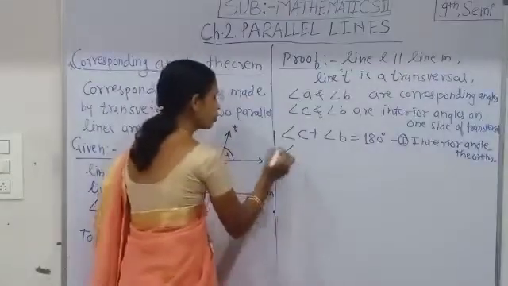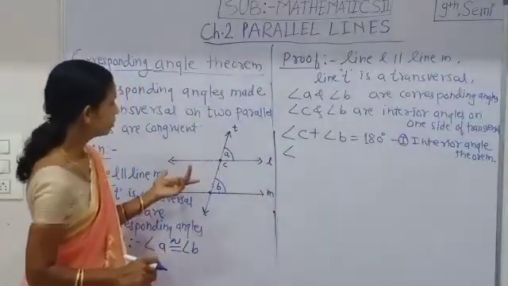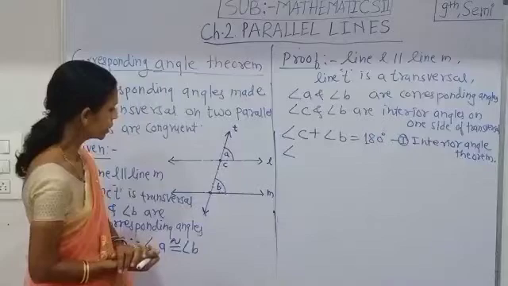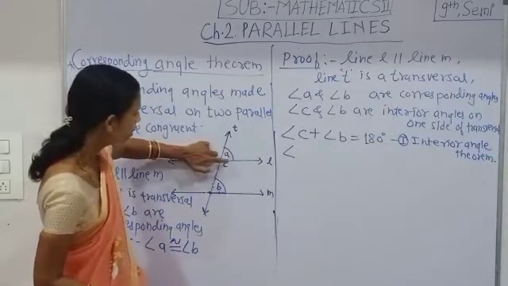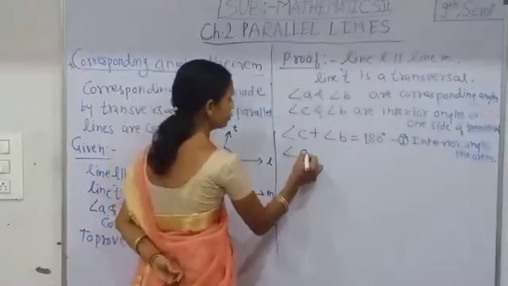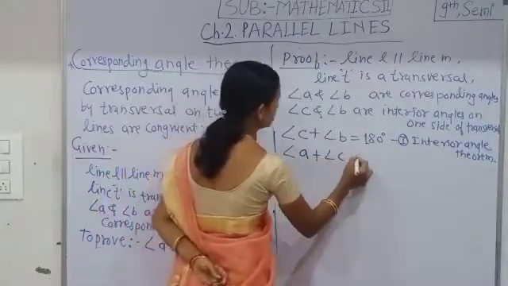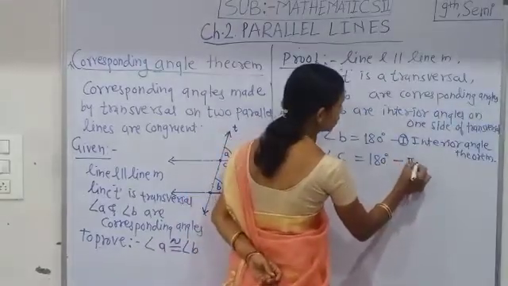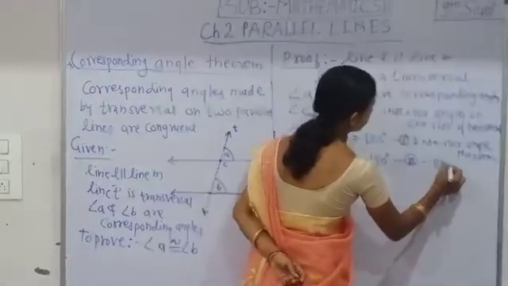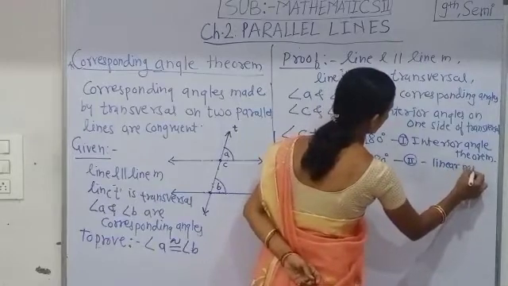Let this be equation number 1. One more property we have to use here: angle A and angle C are a linear pair of angles. Therefore angle A plus angle C is equal to 180 degrees. Let this be equation number 2, because those are a linear pair of angles.